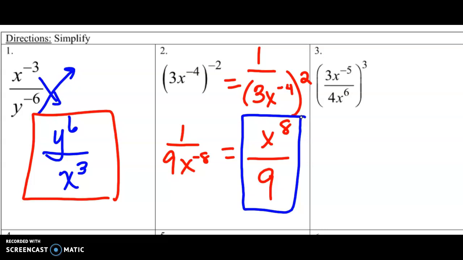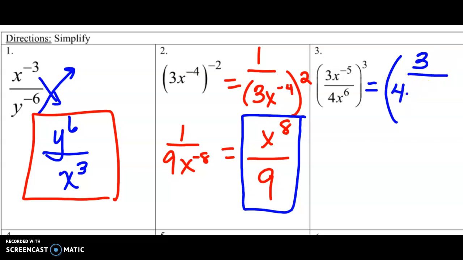If you look at number 3, I would clean up the inside first, because on the inside I have 2 x's and I can make that better. This negative 5 that was in the numerator would move down to the denominator. Now the 3 would stay where it is because it's not being raised to a negative exponent.